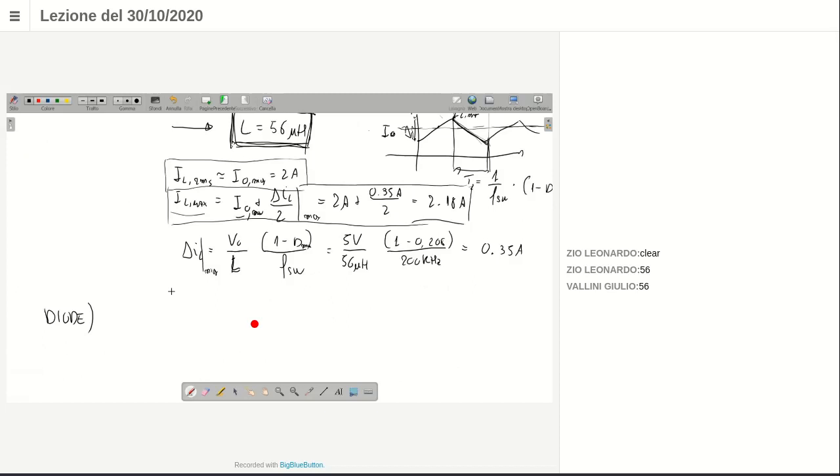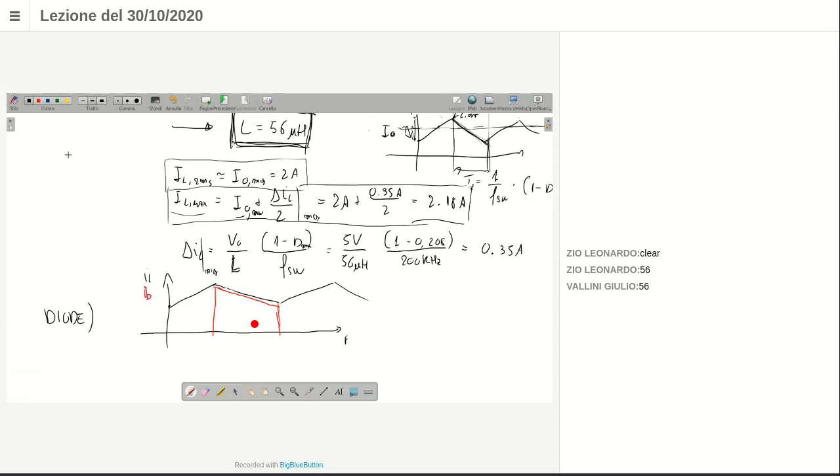First of all, we have to consider the waveform of the diode current. We know the inductor current. We are in CCM. The diode current is equal to the inductor current when the diode is on, so in the second part of the period when the current is decreasing.